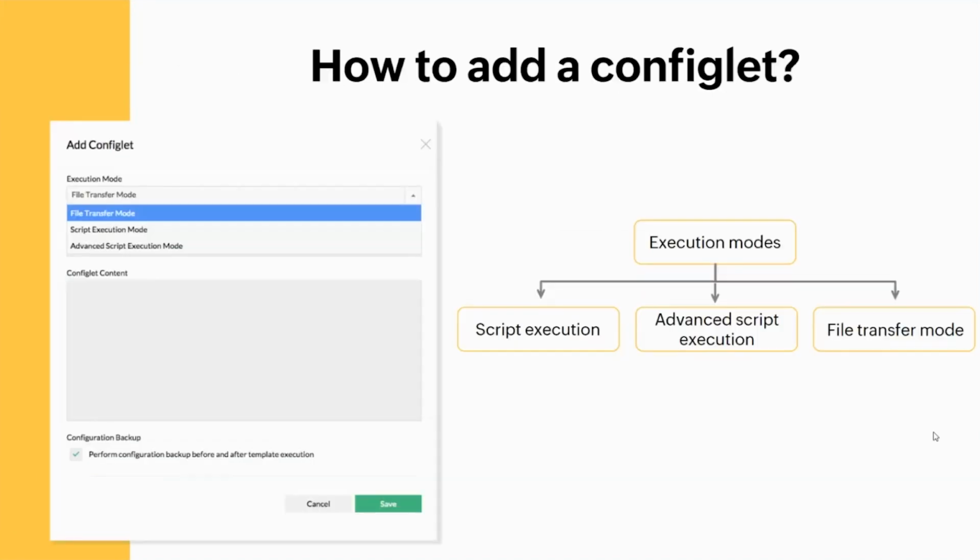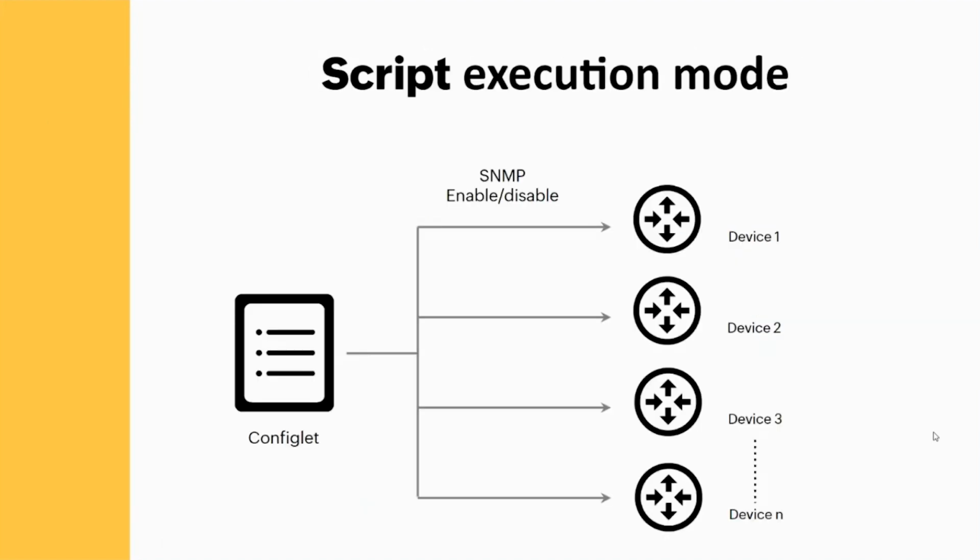Moving on, we'll see the different execution methods which we have in configlets. We have script execution mode, then advanced script execution mode, and then file transfer mode. In the upcoming slides, we will discuss in detail each configlet mode one by one. First we'll see the script execution mode.